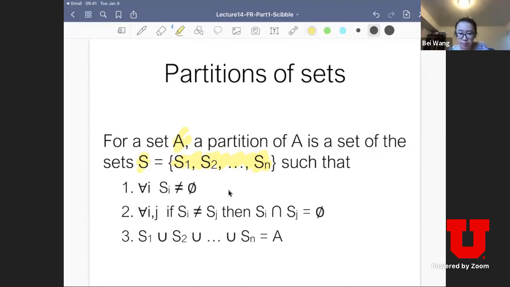For any two pairs, if they don't equal each other, they have empty intersection. And finally, if I take the union of those sets, it is equal to the set itself. So it is really a partition in the sense that, for the last bit, every element in A is in at least one of those sets. Okay, so this is a partition of sets.